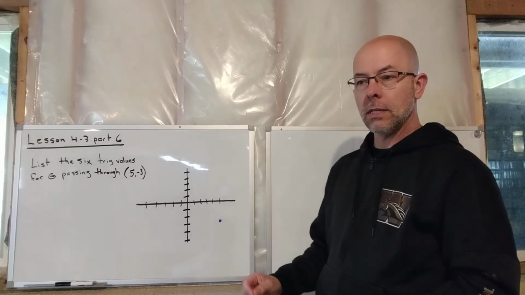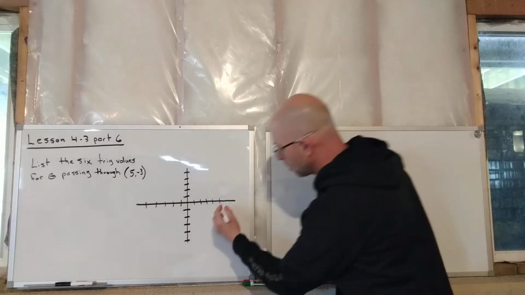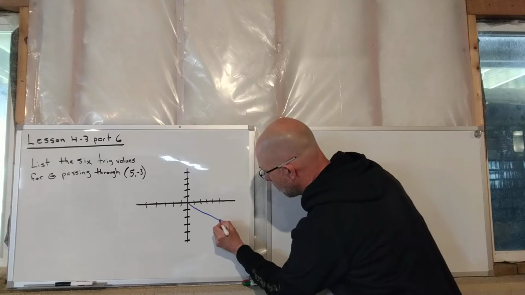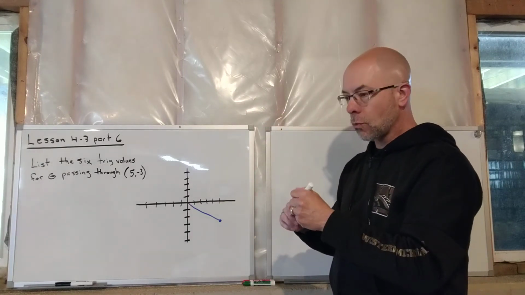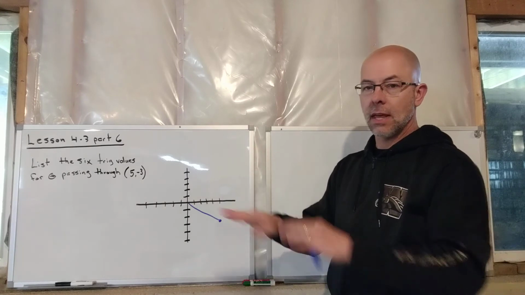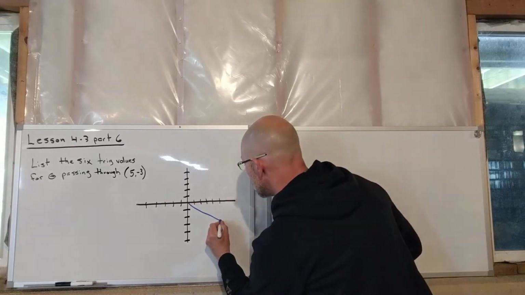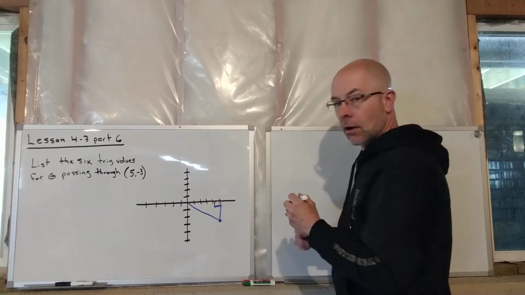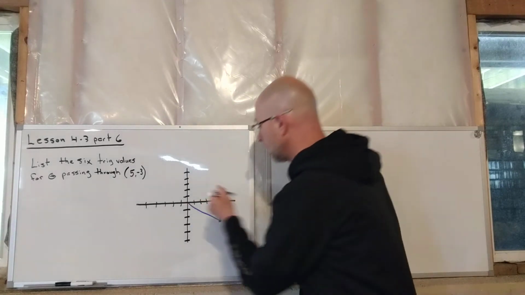Once you plot your point, draw a segment directly to the origin. Right there. And then secondly, directly to the x-axis, never to the y, directly to x. For me, that's straight up here. That makes a right angle right there, and your theta is the angle near the origin, right here.